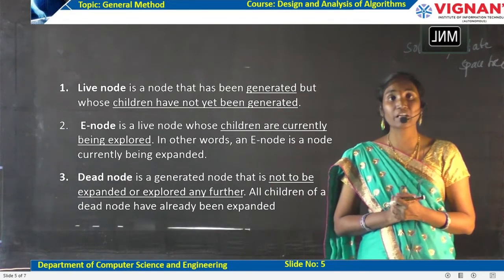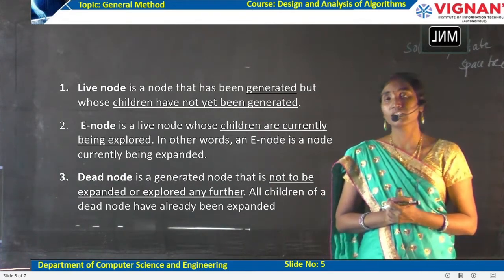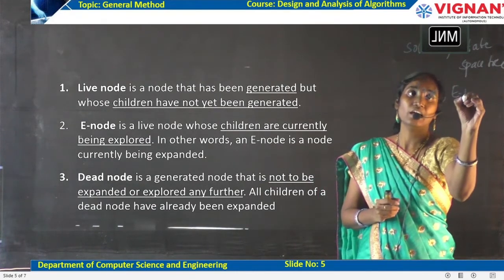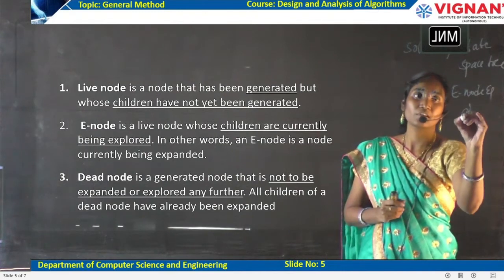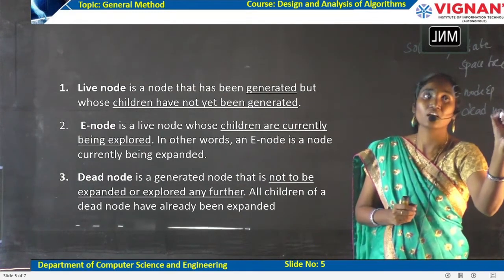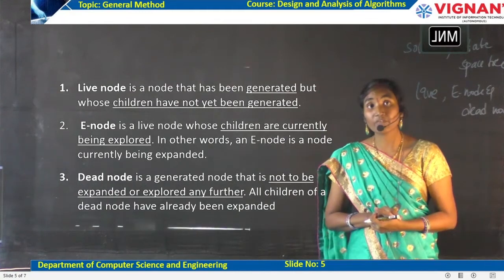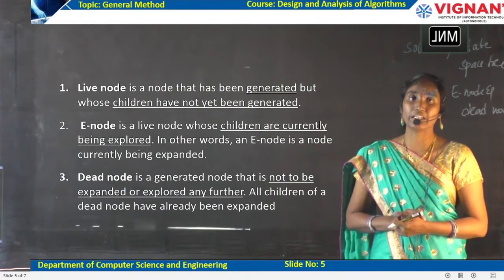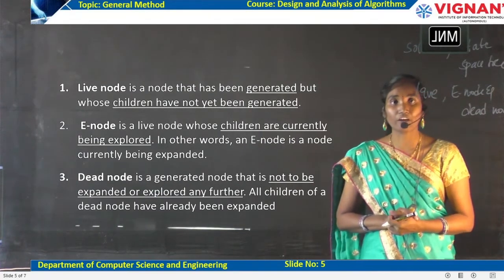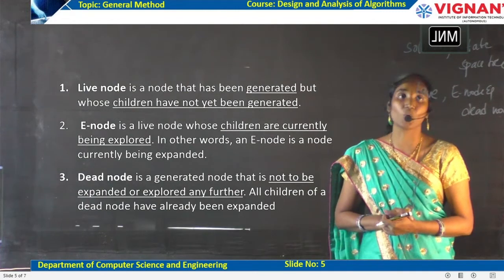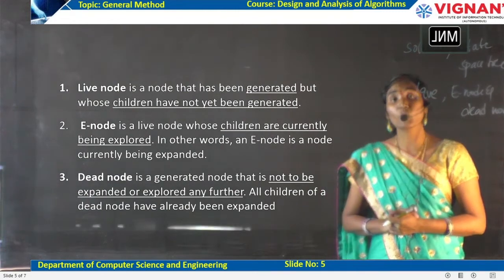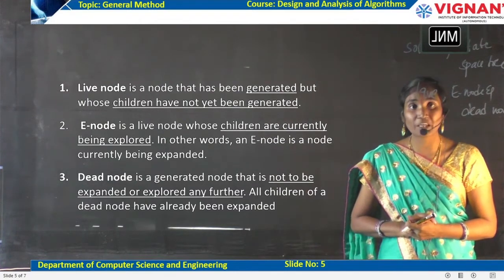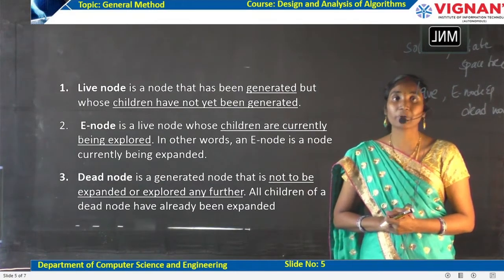There are three types of nodes basically: live node, E-node and dead node. Live node means the node is generated and whose children have not been generated. E-node, or exploring or expanding node, means the node is generated and whose children are being generated or explored.